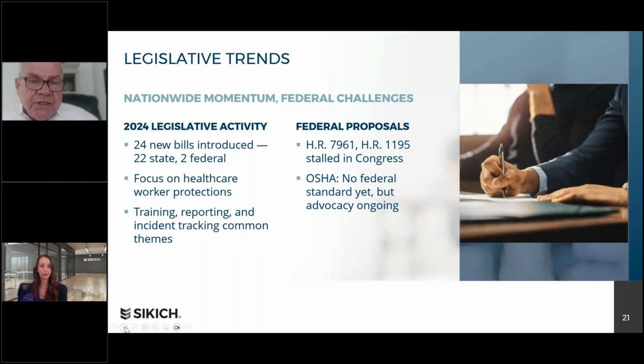Our advice to them when they ask us, should I just apply this to the California employees? No, it's really a best practice. So get ready. We think it's highly likely that OSHA will adapt these. And why not? Why wouldn't you adapt a best practice legal requirement from California into all your geographic locations?